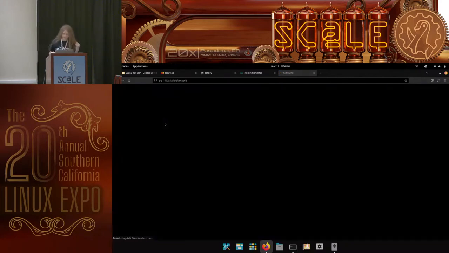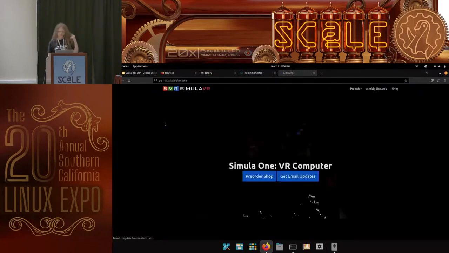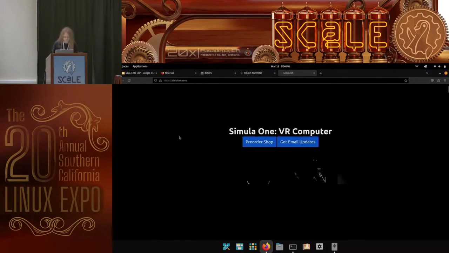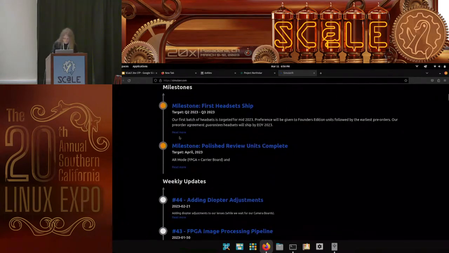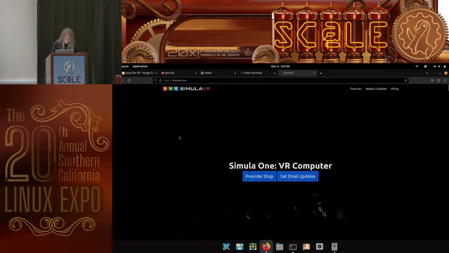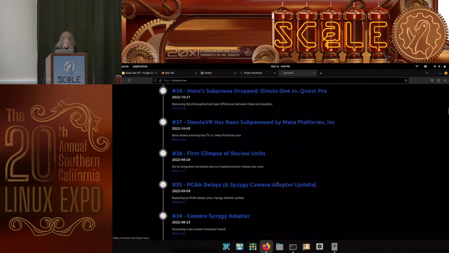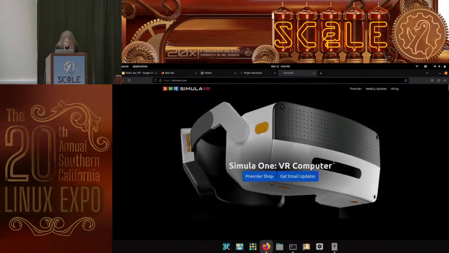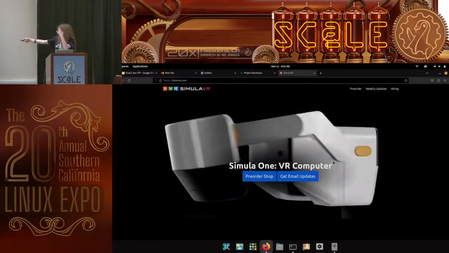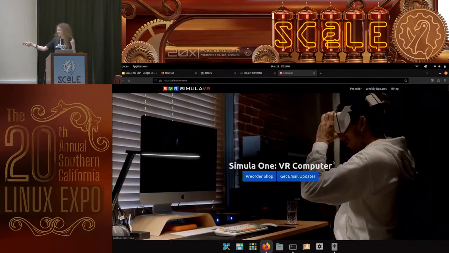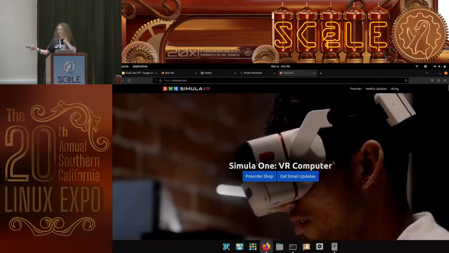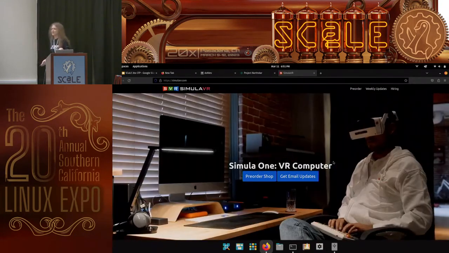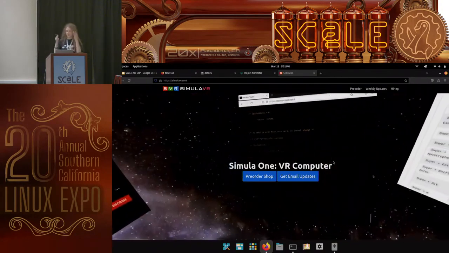Oh, this is going to take a bit to load. Where are the images? Oh, there we go. So this is the Simula one, right? It looks really retro, but the whole idea is it's a Linux headset, a portable office on the go.